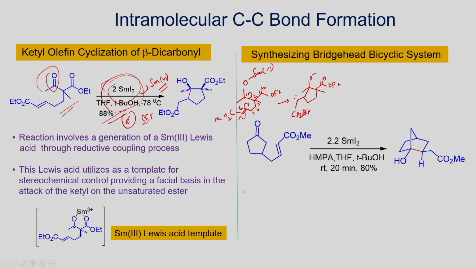This is a radical. Once you form this radical, as we have just seen, the samarium 2 will be converted into samarium 3 by a single electron transfer process, and you will be able to get the anion here.